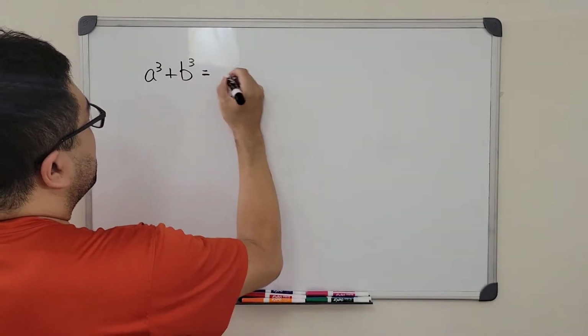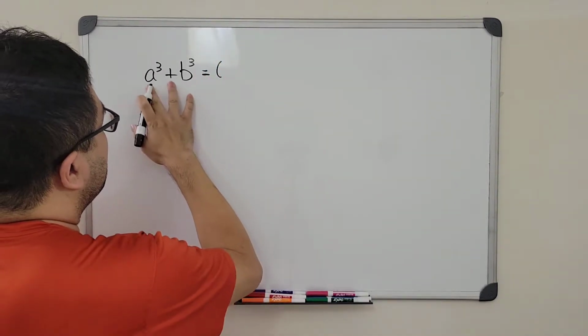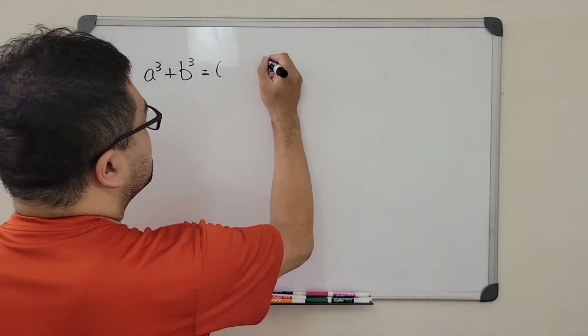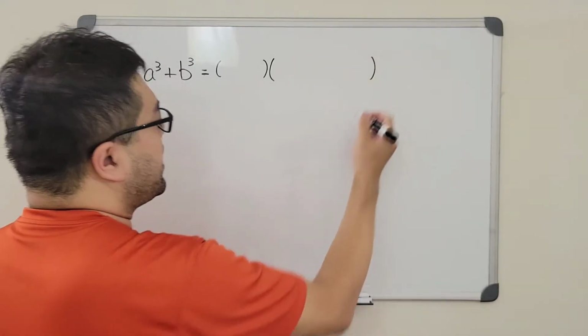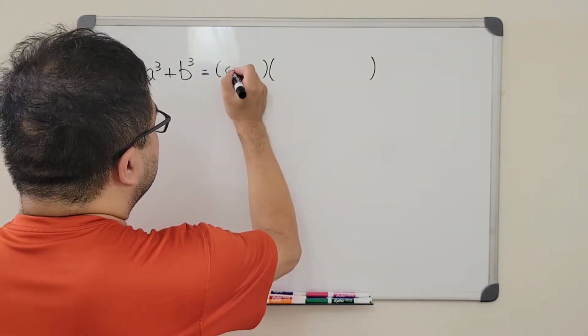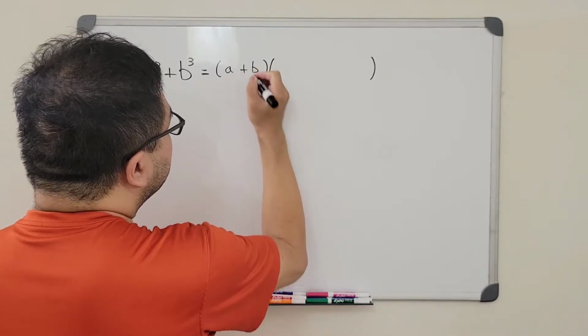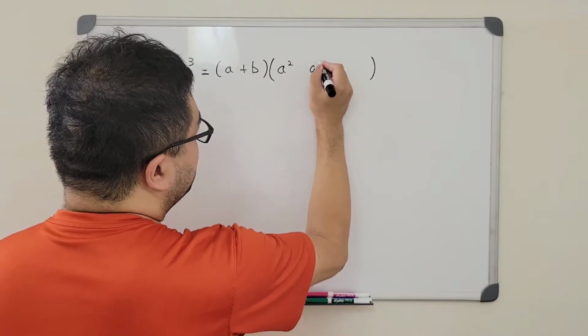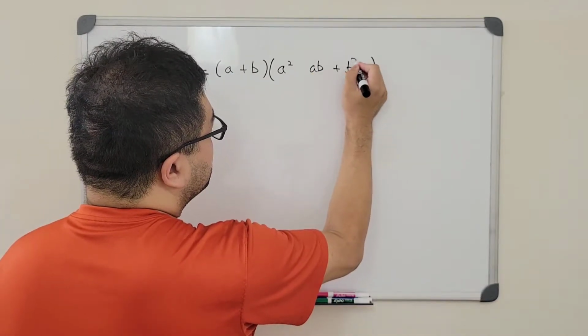And as we know, the identity says that a to the third power plus b to the third power is going to give us two parts, or we can say that it's a product of two different terms. So we will actually have a plus b, and then times a squared plus ab plus b squared.